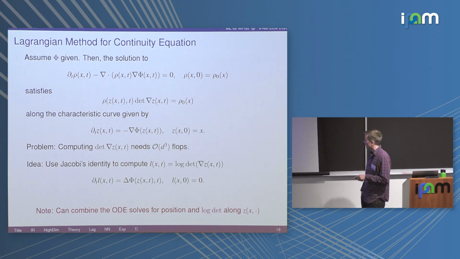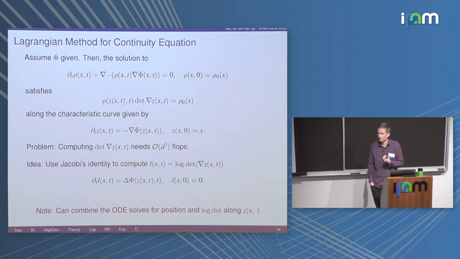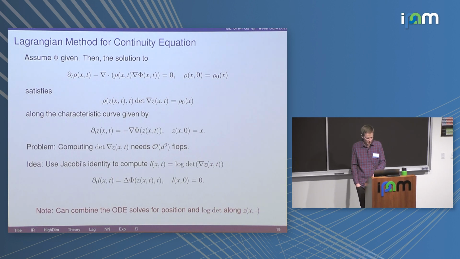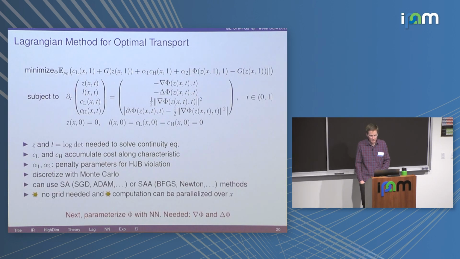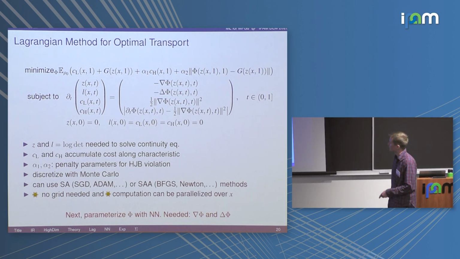But in some sense, we have turned a PDE into an ODE, or a set of ODEs. And the nice thing is they don't talk to each other. If we start this at x or at y, we solve them separately if we are given the phi. So that's one crucial thing if you think about solving this in high dimensions without the mesh. Okay, now you collect everything, and this is the problem that we are solving.